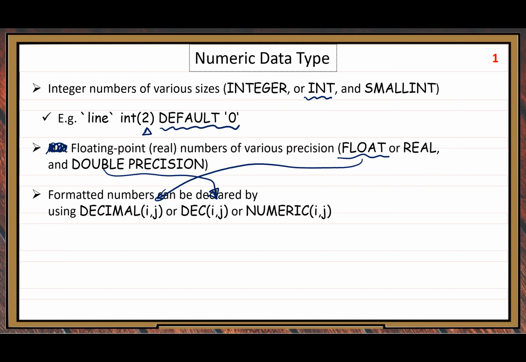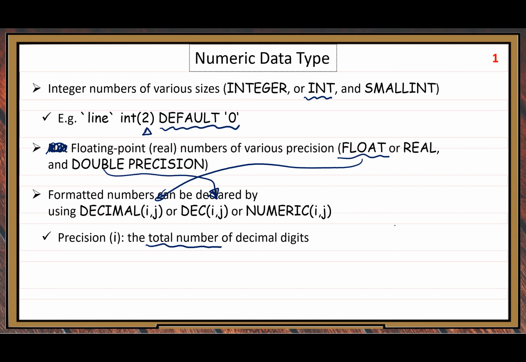DEC, numeric. Let me just explain. Precision I gives us the precision number. What is that precision number? The total number of decimal digits, before the decimal point and after the decimal point.